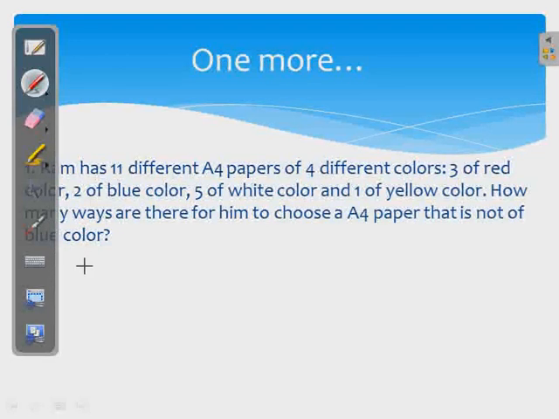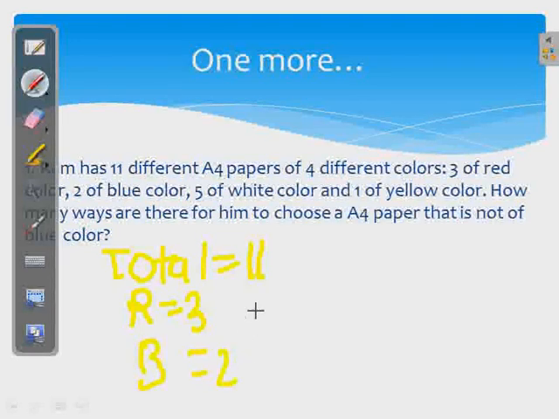Here Ram has 11 A4 papers in total, and now 3 are of red color, 2 are of blue color, 5 are of white color, and 1 is of yellow color. So the question is, how many ways are there for him to choose an A4 paper that is not of blue color?